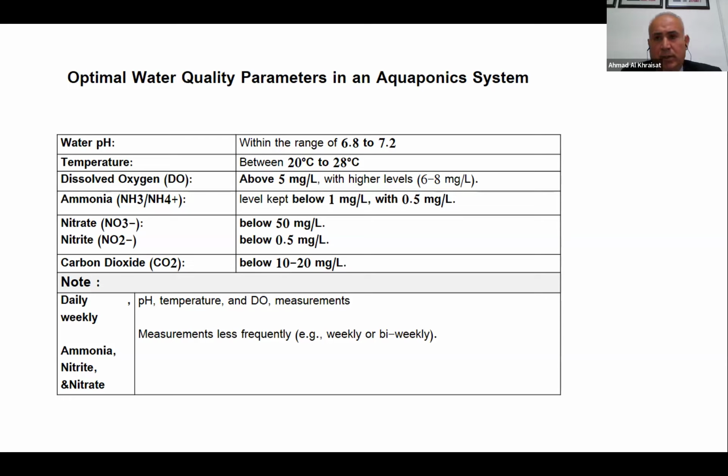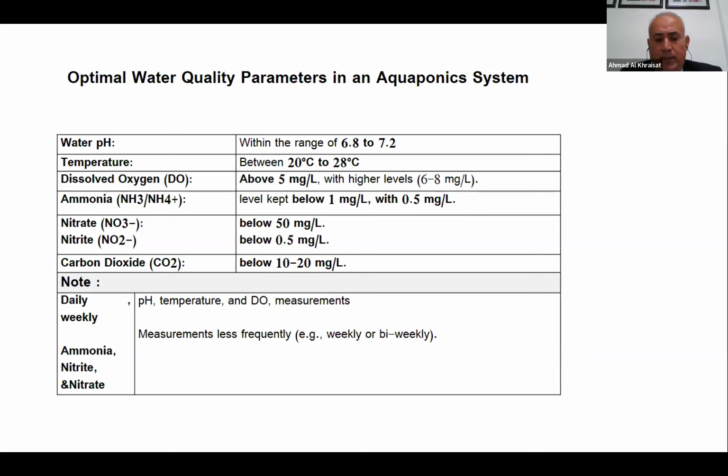The temperature is about 20 to 28, though my records above 28 are very rare. Dissolved oxygen is good at around 6 milligrams per liter. The ammonia, alhamdulillah, is always below 1 milligram per liter. Nitrate is very important, and we should keep it fixed at all times in this system.